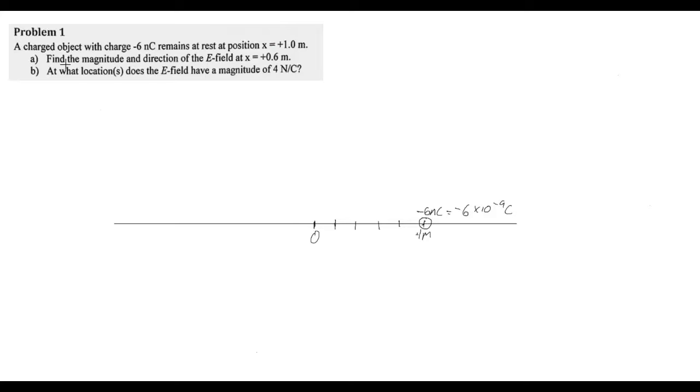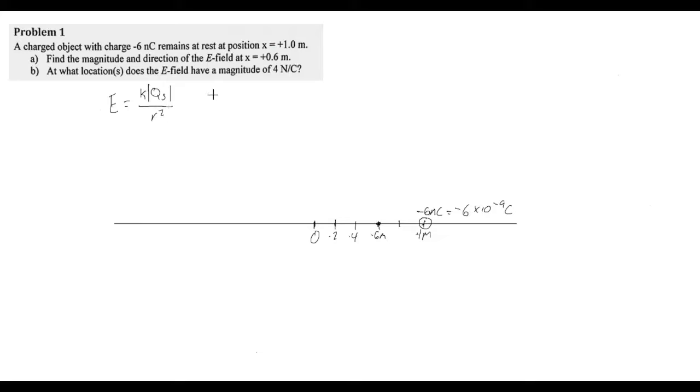Now, the question asks, find the magnitude and direction of the E field at x equal to positive 0.6 meters. So this is 0.2, 0.4, here's 0.6 meters, and we're looking for the E field at this point. This is a point charge, and we know from the equations we've used that the E field from a point charge is equal to K, Coulomb's constant, times the absolute value of the source charge, over the distance away squared.